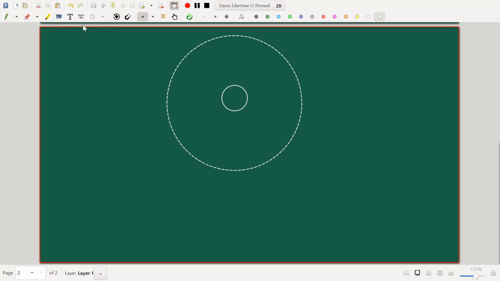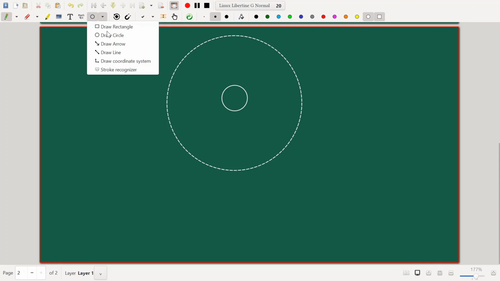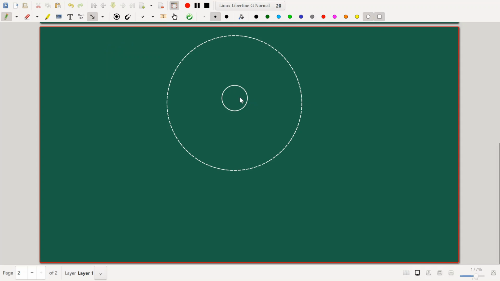So what I need to do is to consider a radius for this outer circle. Let's say that this radius is B, and then the radius for this smaller hole, let that be A.